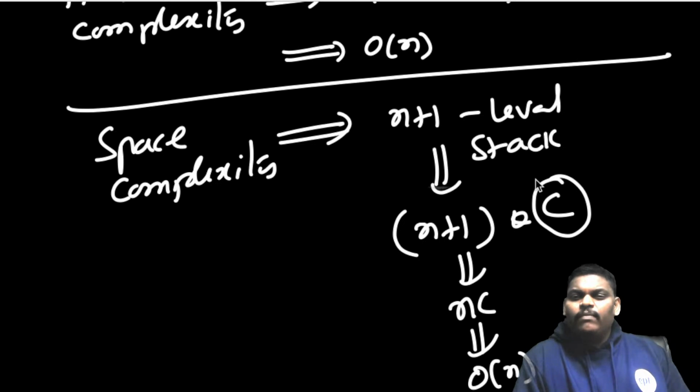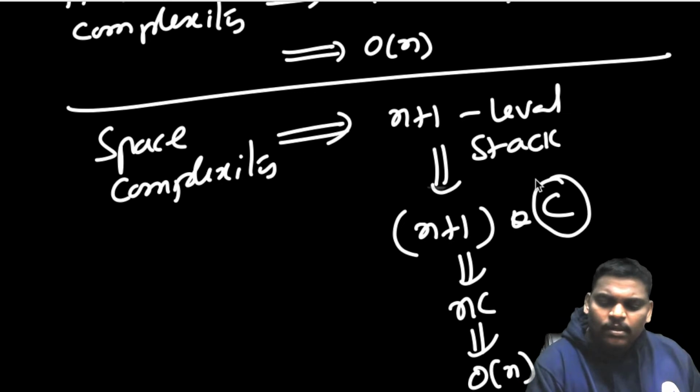N plus 1 level stack, right? Because 4 becomes 3, 3 becomes 2, 2 becomes 1, 1 becomes 0, and 0 is the stopping point. If you want, you can write n levels also. Forget about minus 1 and plus 1, don't concentrate on that.